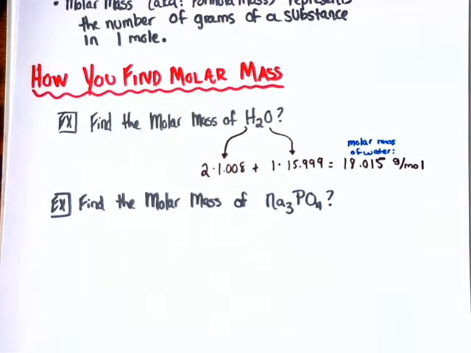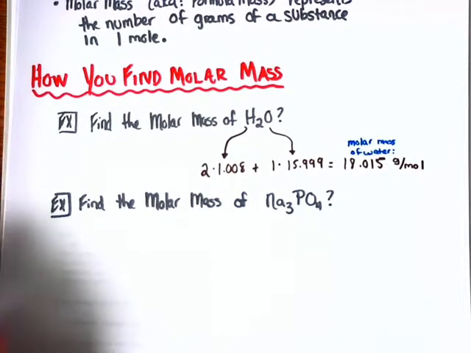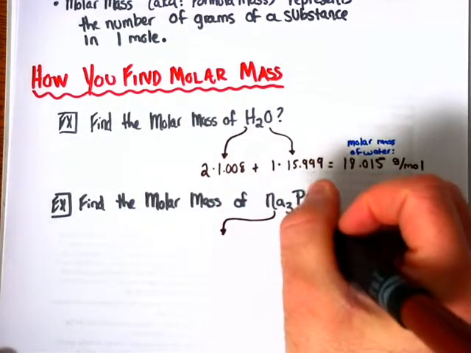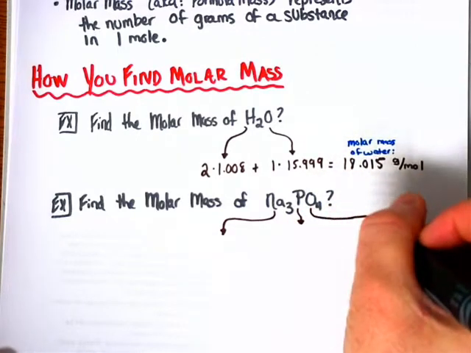If you don't have a calculator, the least you can do is write out your pieces like I did a while ago. You know you're going to have a piece for Na and P and the O's.